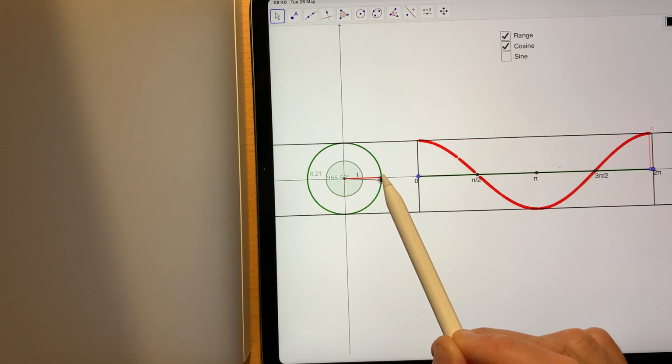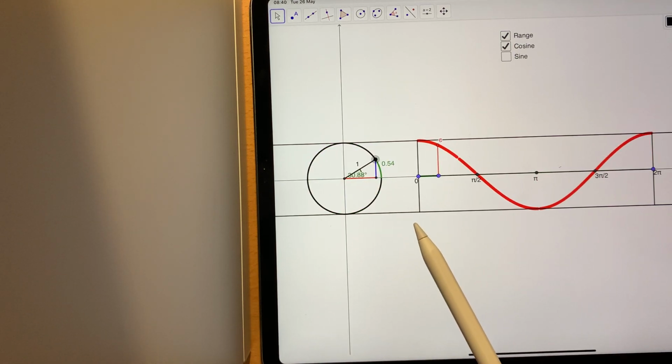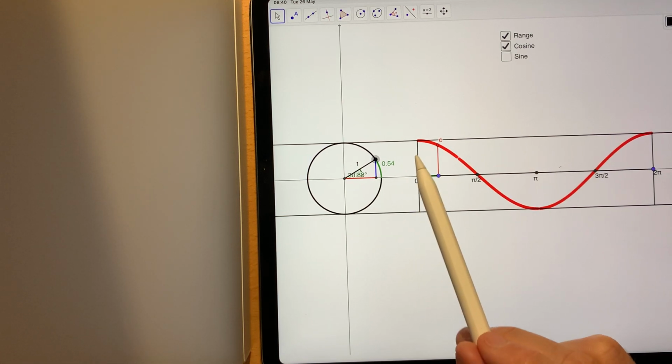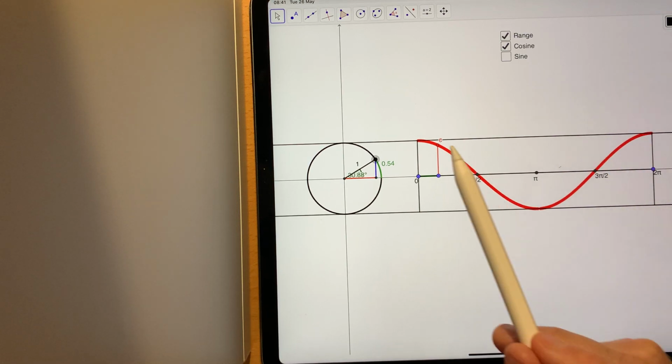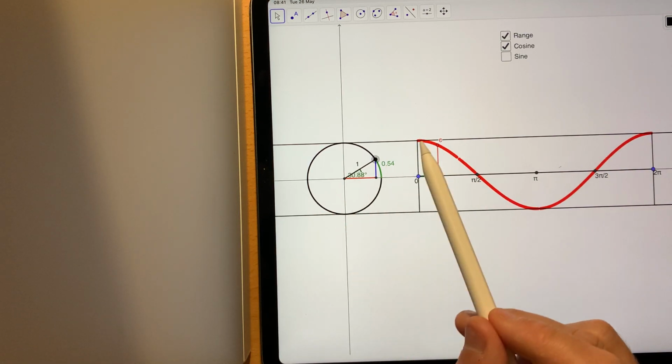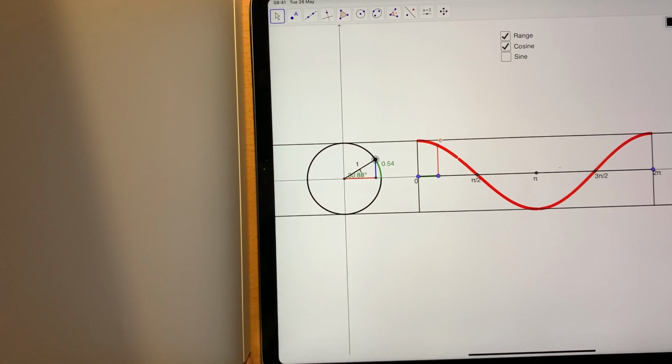So this is one period length of the cosine curve. It would carry on over here, and it would have come from over here. So this is what these graphs look like.